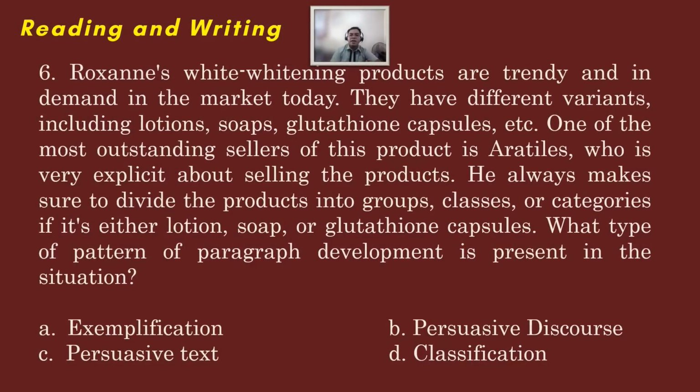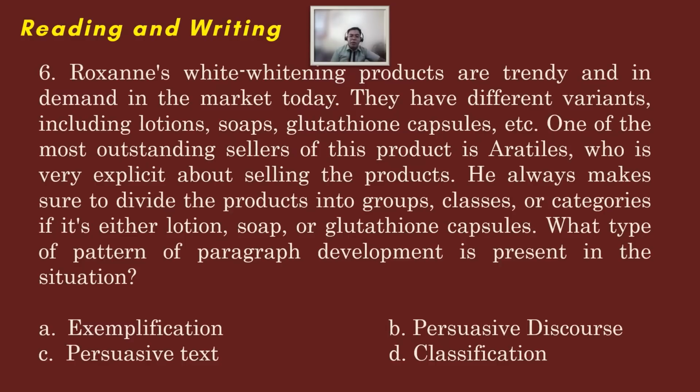Now let's move on to question number 6. Roxanne's whitening products are trendy and in demand in the market today. They have different variants including lotions, soaps, glutathione capsules, etc. One of the most outstanding sellers of this product is Aratelis, who is very explicit about selling the products.